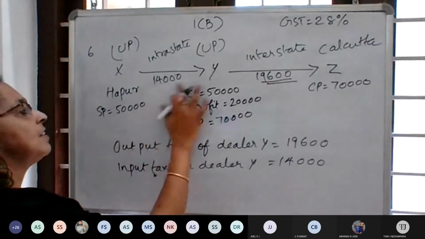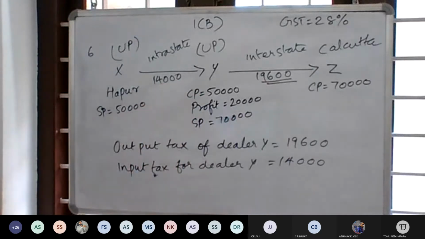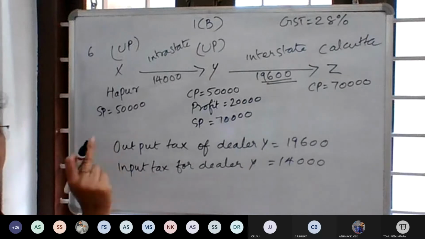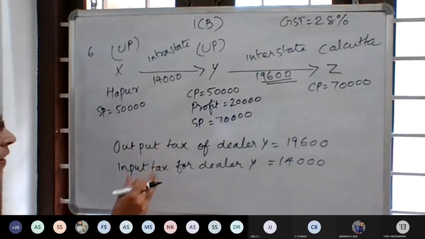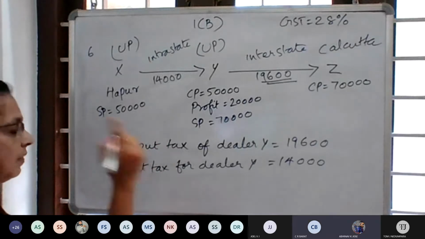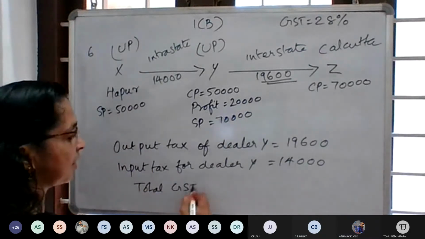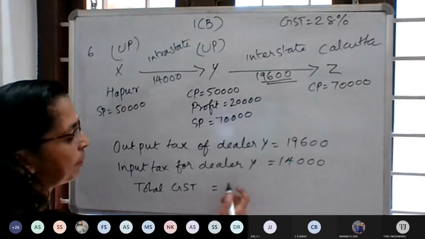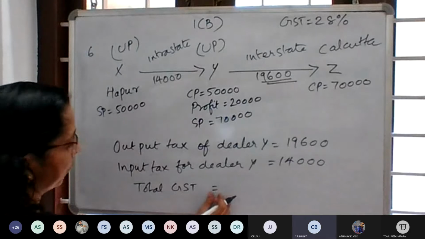What about this total GST? We wrote total GST there, 7,000 plus 7,000, two or three steps before.